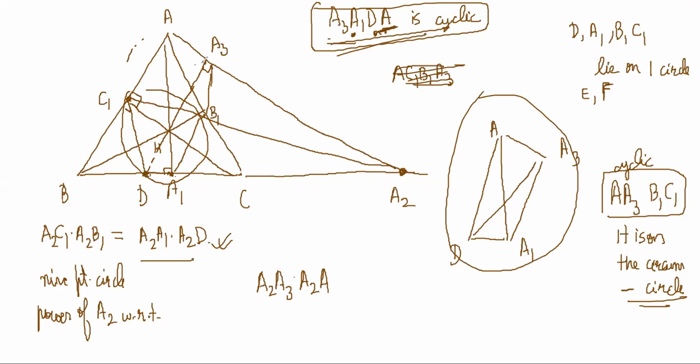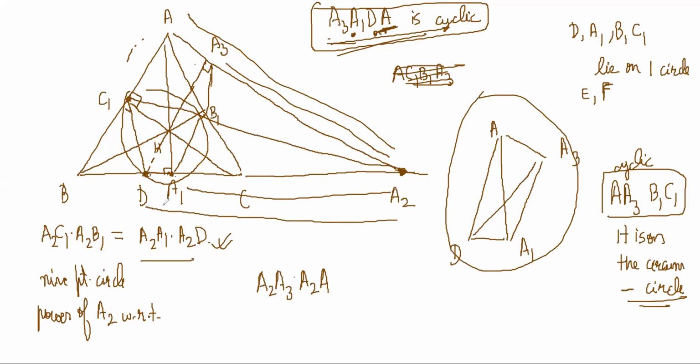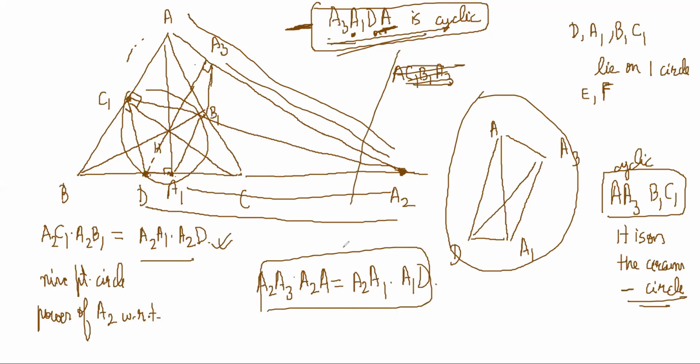So for that circle, do power of a point from A2: A2A3 into A2A should be equal to A2A1 into A2D. Yes, for this circle independently.